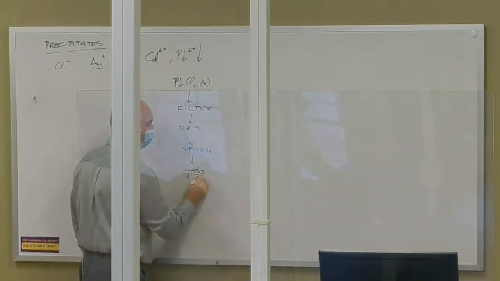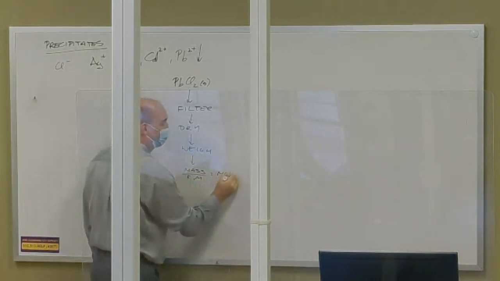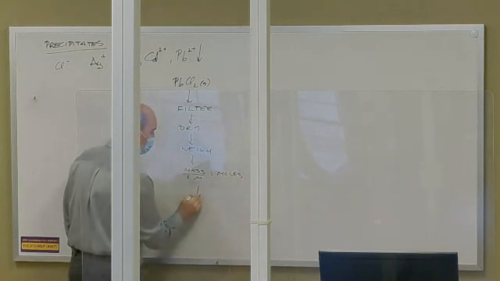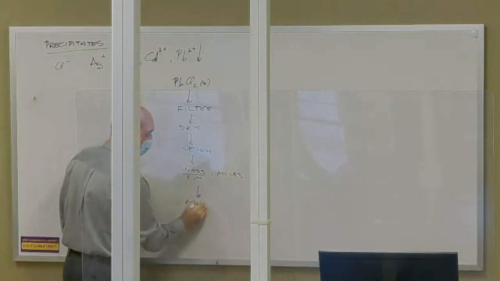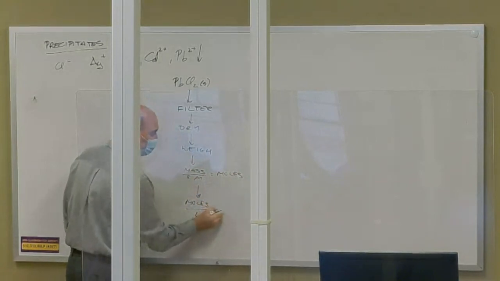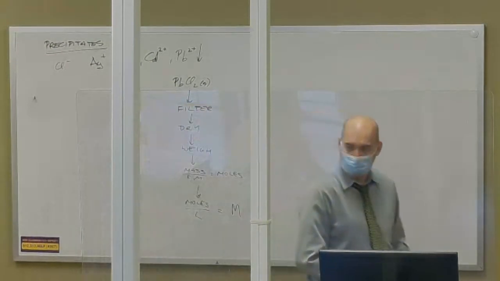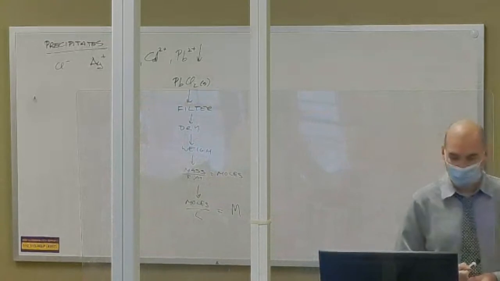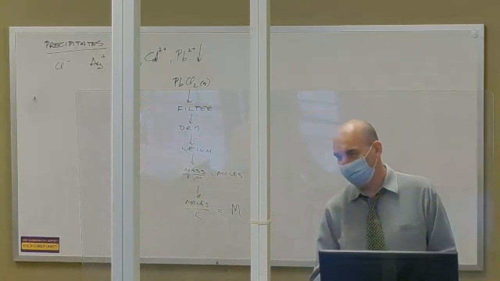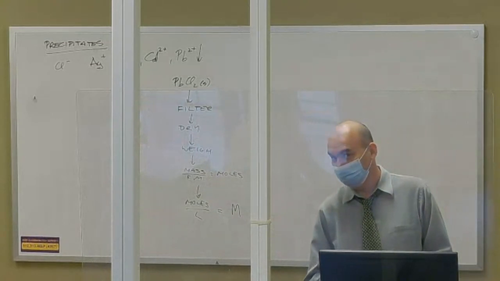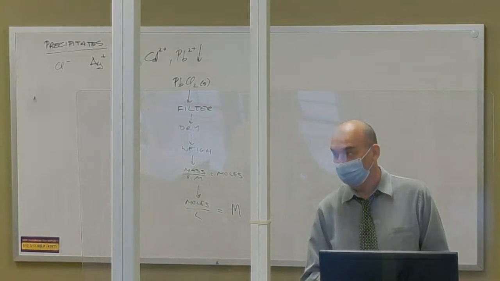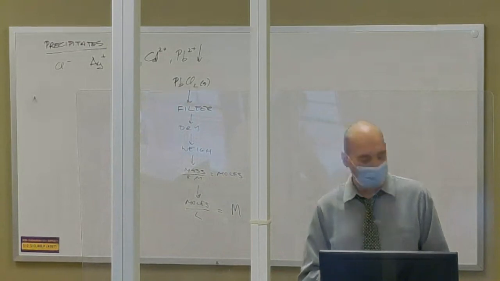Mass divided by formula mass equals moles. Moles per liter is molarity. I can tell you what the concentration of lead chloride is. Unless, of course, what could stop me from doing that?